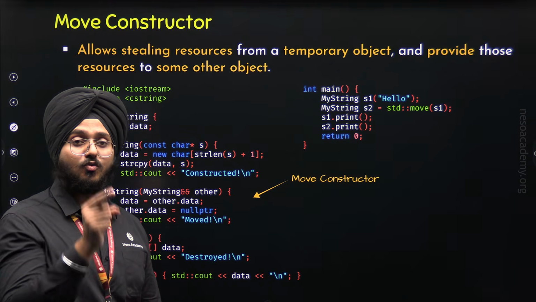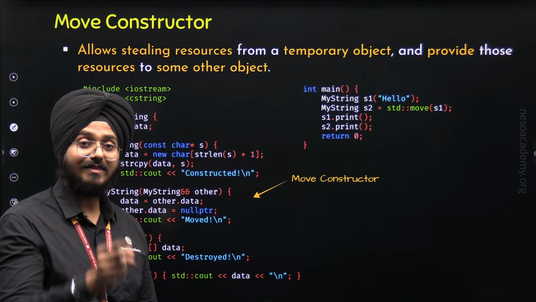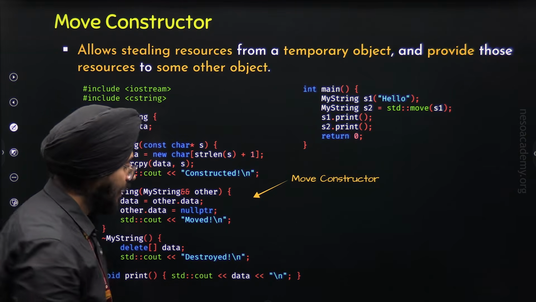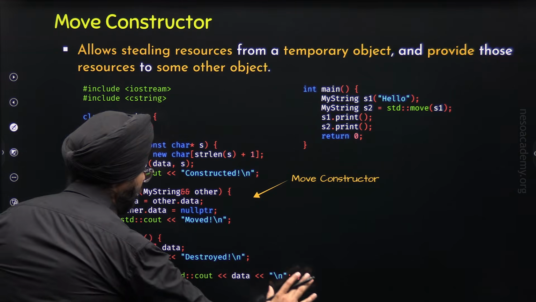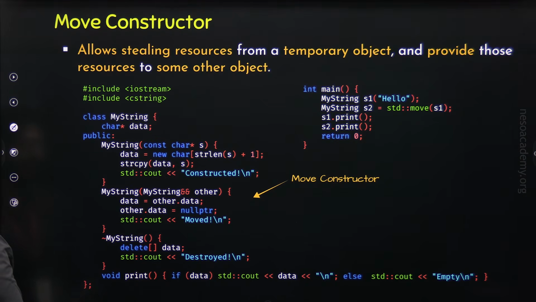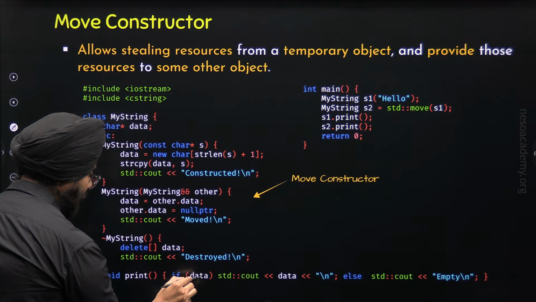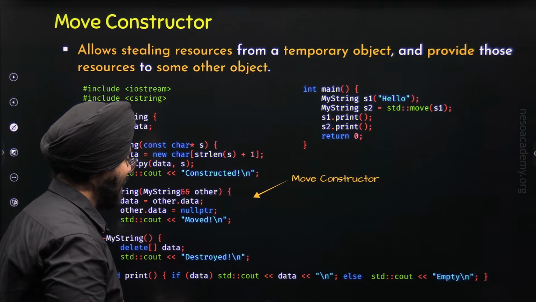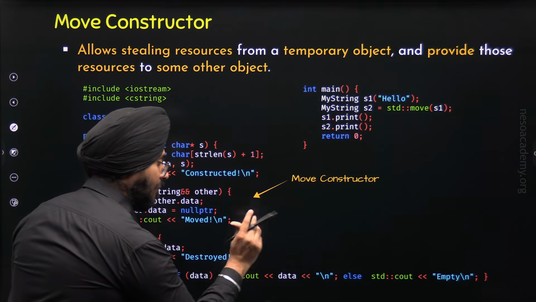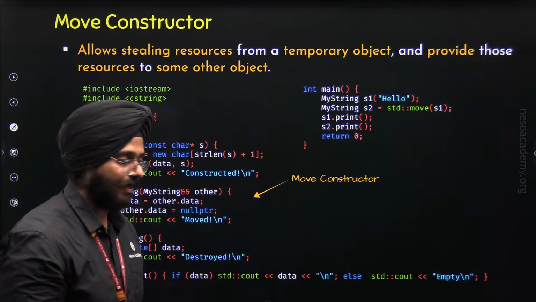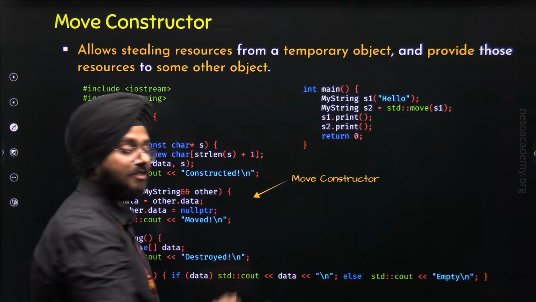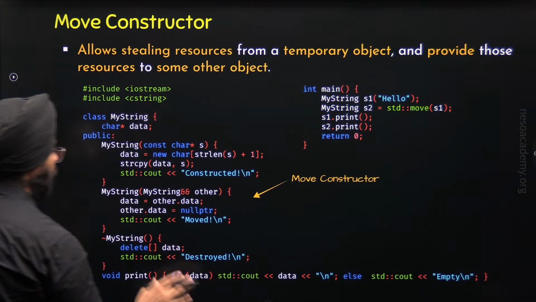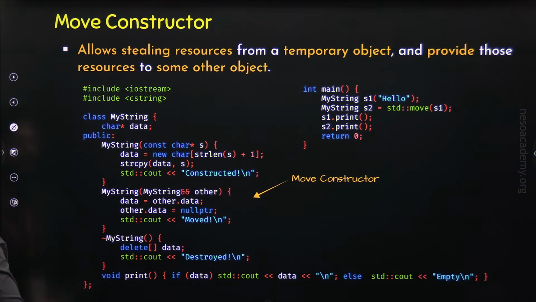If data points to a valid string, then that string must be displayed. So here I have modified this print function in this way. If data is not a null pointer, then the string pointed by data must be displayed. Otherwise, empty must be displayed. I have written this code in a single line because of the lack of space.